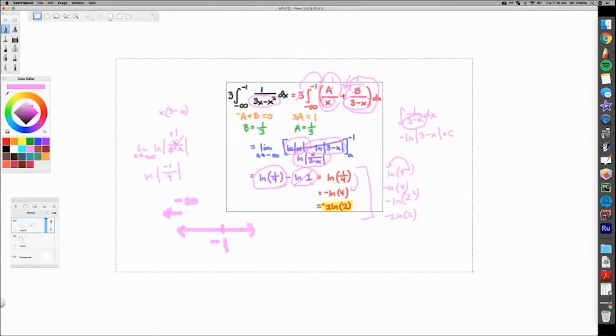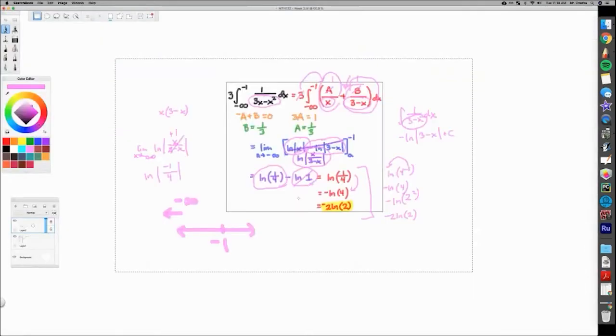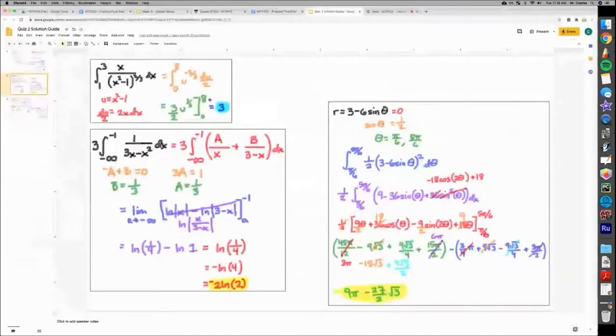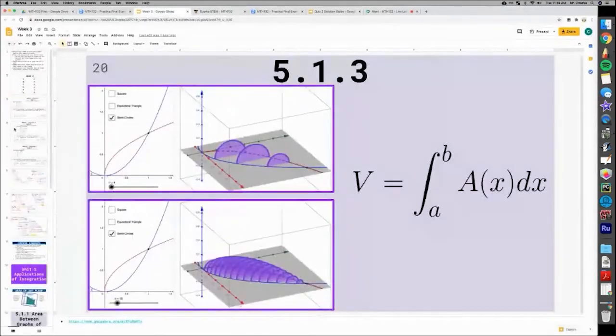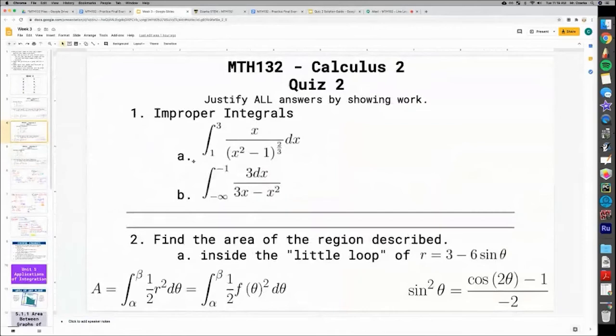I have a question. On that question, yesterday it was written as the integral from negative infinity to -1, like the 3 in front of it wasn't there. Right, let me show you. If you go to the quiz, there's a 3 there, but you can put it in front and make that a 1. I just always do that.